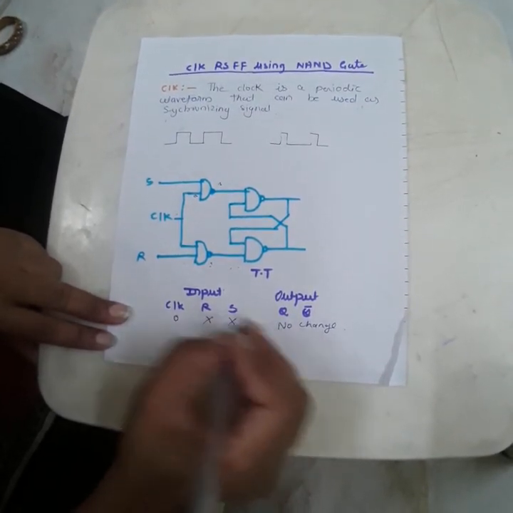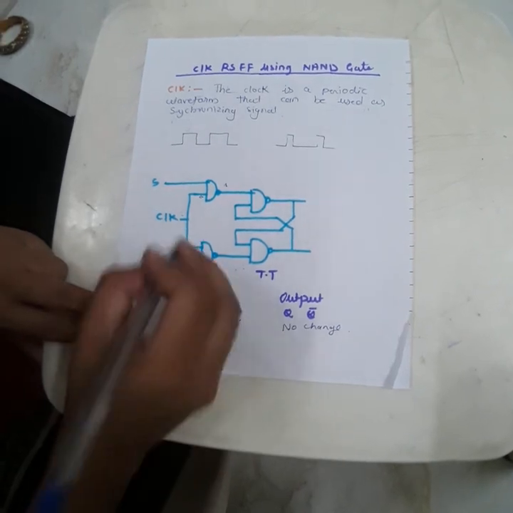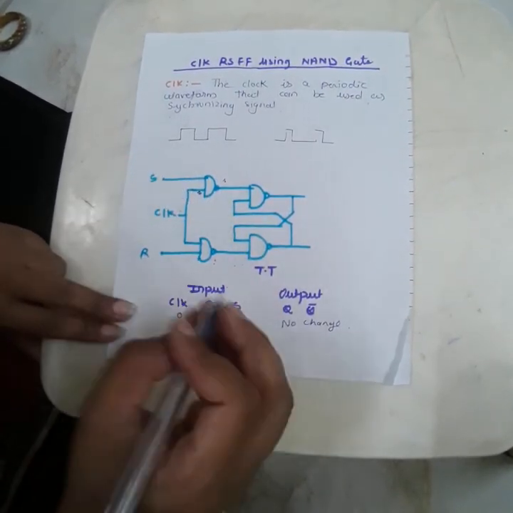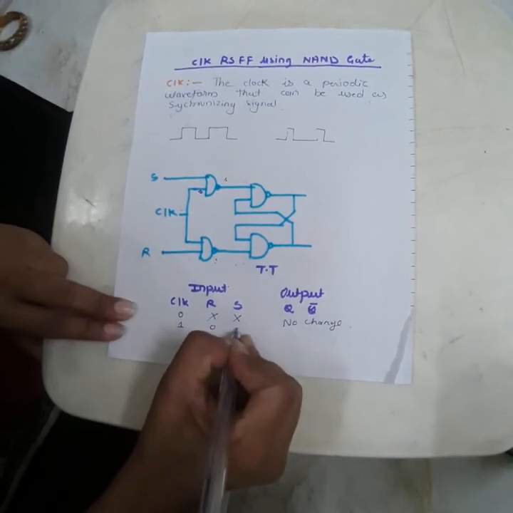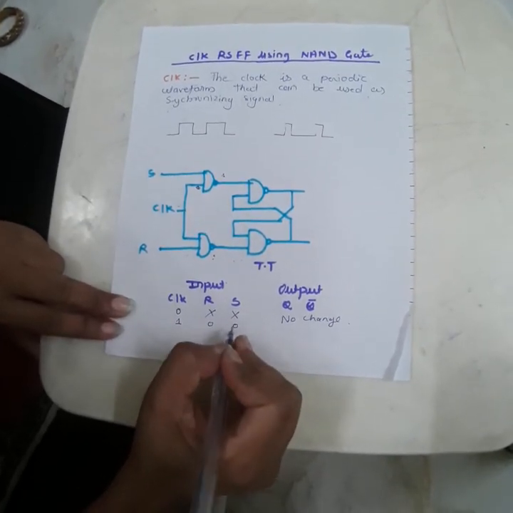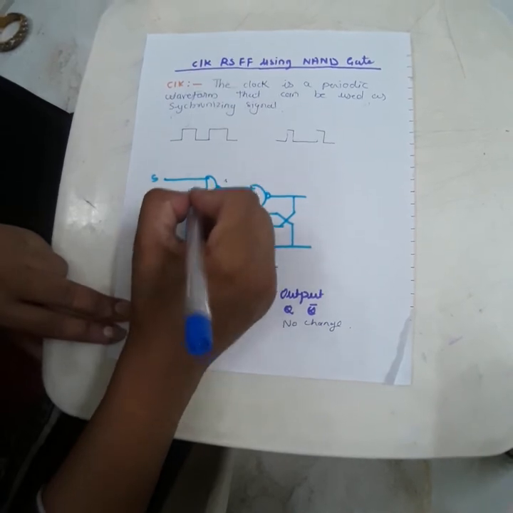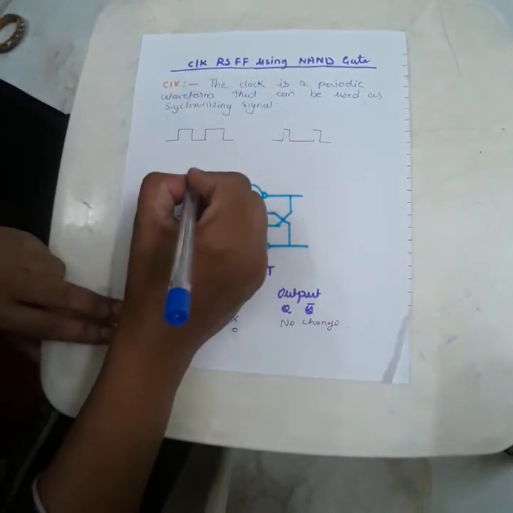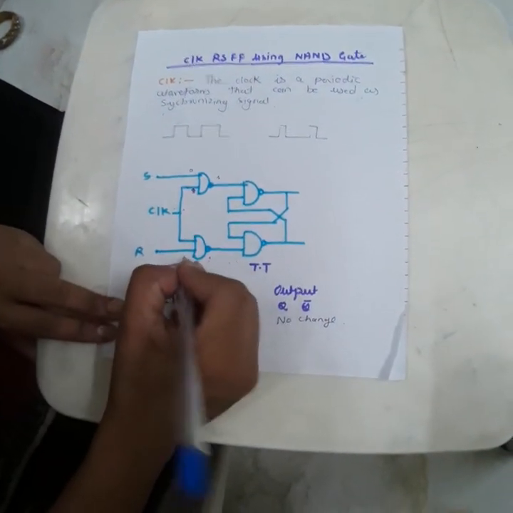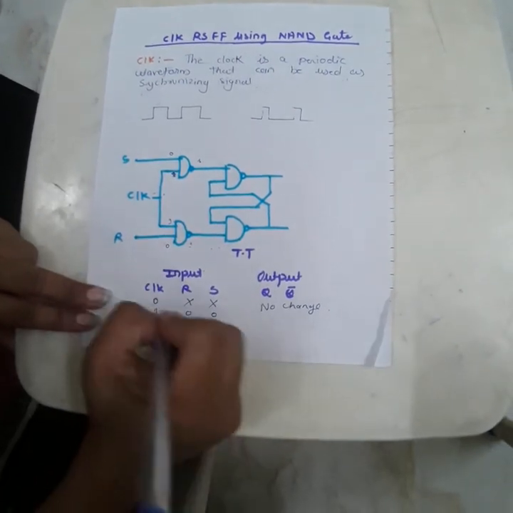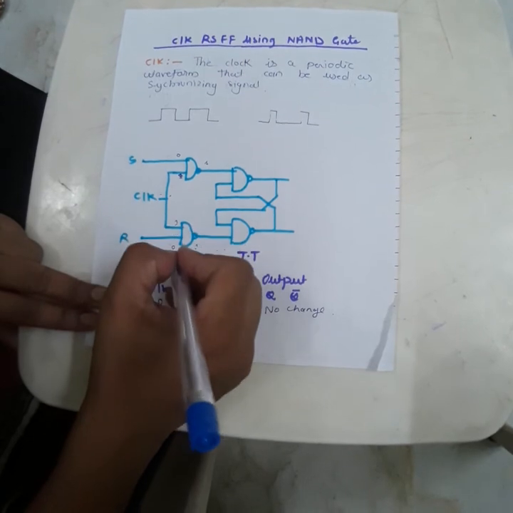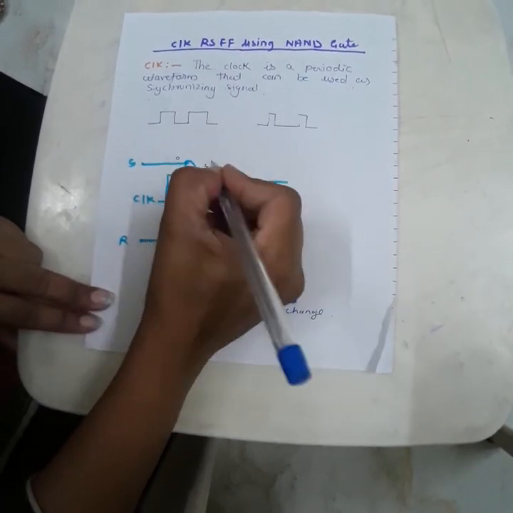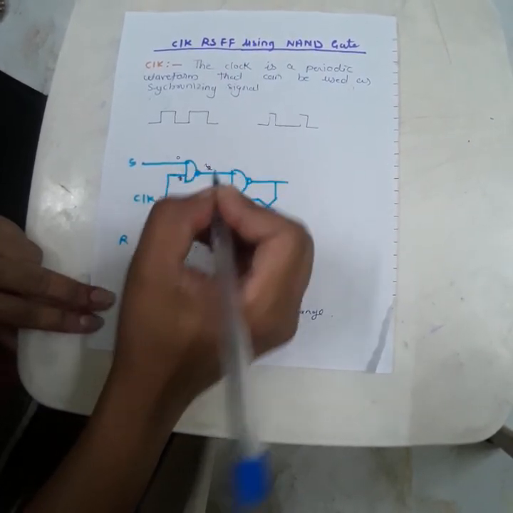Now we will start from the clock. When clock equals 1, then we will check R and S. When clock equals 1, S equals 0 and R equals 0. So when both inputs are 0, you will get 1 here.